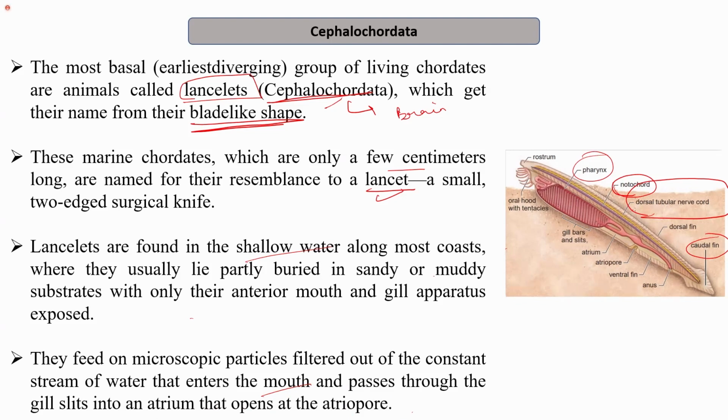They feed on microscopic particles filtered out of the constant stream of water that passes the mouth and passes through the gill slits into an atrium that opens into the atriopore. So basically they are filter feeders. Food enters along with the stream of water into the mouth, and from there it passes through the gill slits, then into the atrium and ultimately into the opening, which is the atriopore.